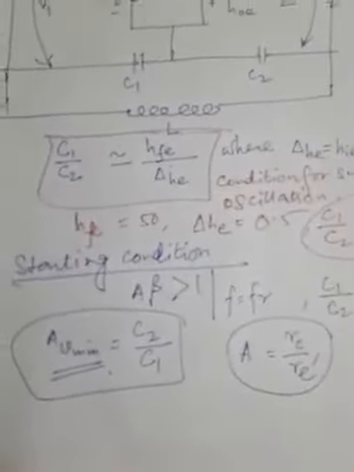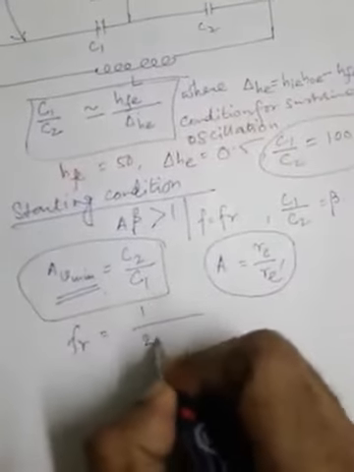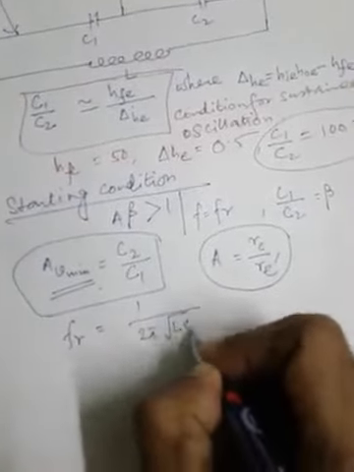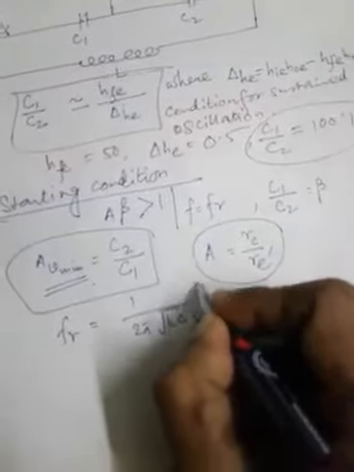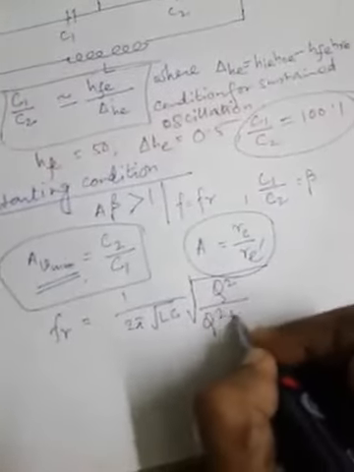It is seen that the frequency of oscillation will depend on the quality factor of the circuit, and hence the basic formula for frequency of oscillation or the resonant frequency is equal to 1 by 2 pi root over LC, along with a term root over Q square divided by Q square plus 1.